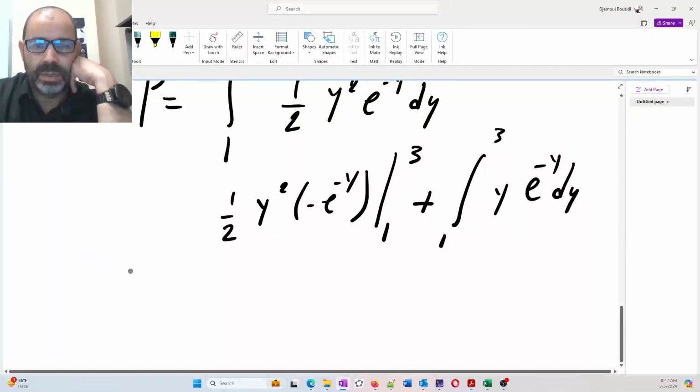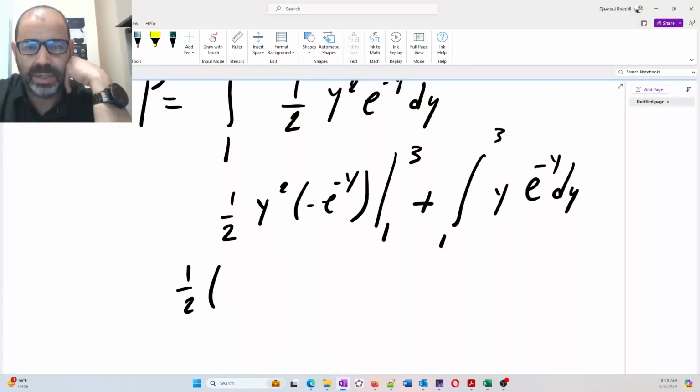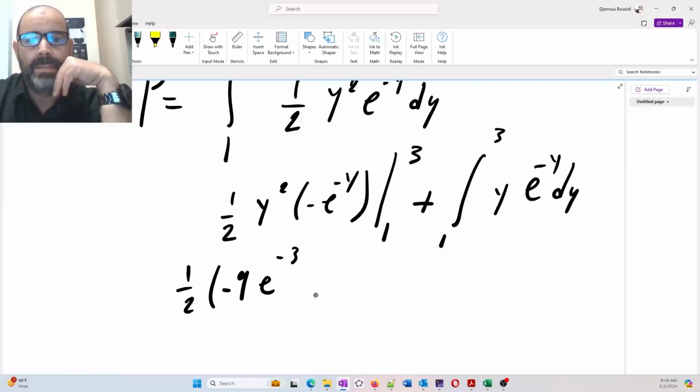This part in here is 1/2 times 3 squared, that's 9, times, with a negative sign, exponential of negative 3, minus minus, so that's plus y squared, which is 1, exponential of negative 1.